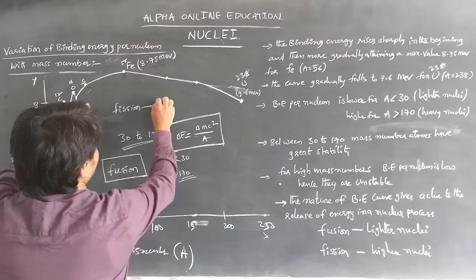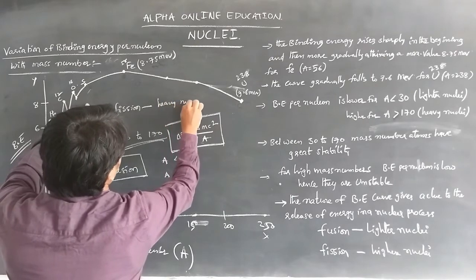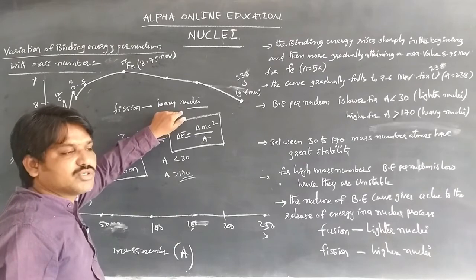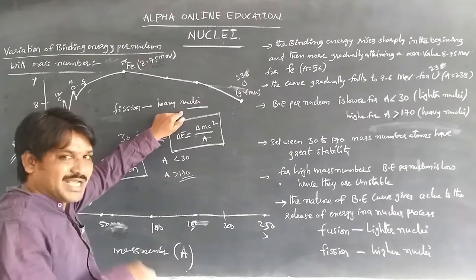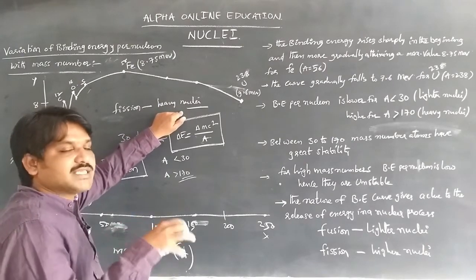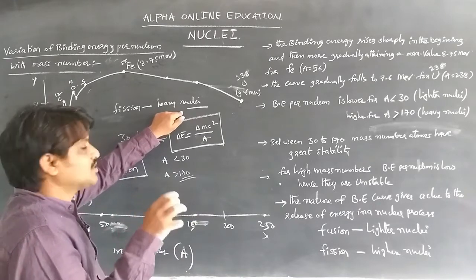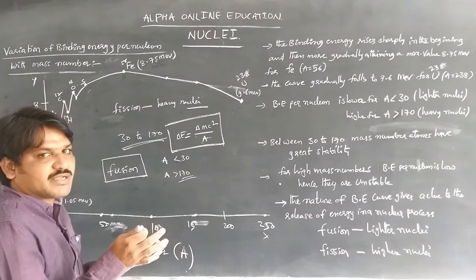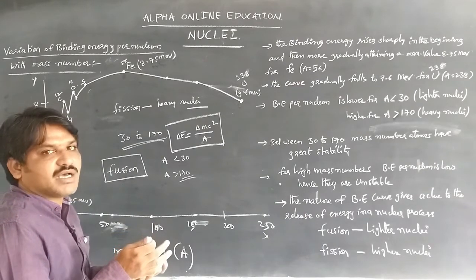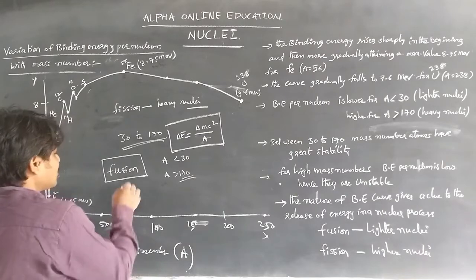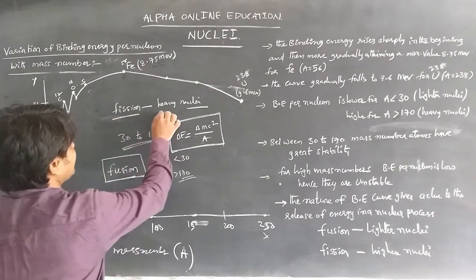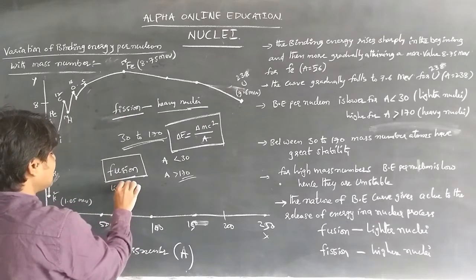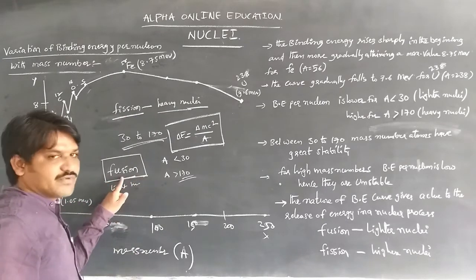Heavy nuclei go into fission to become lighter atoms, while light atoms combine together through fusion to form a nucleus with higher binding energy.